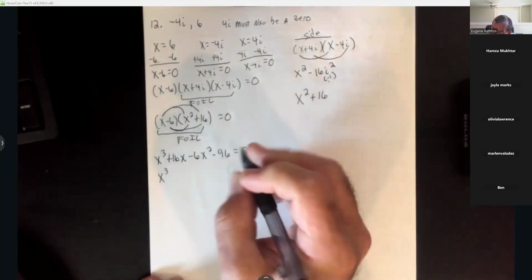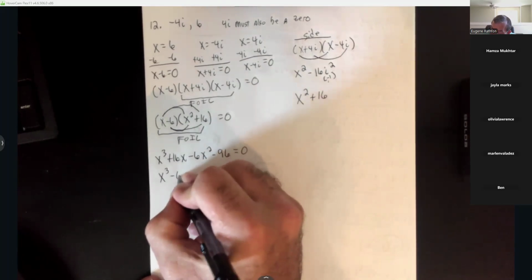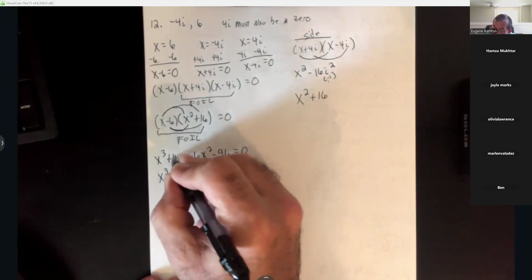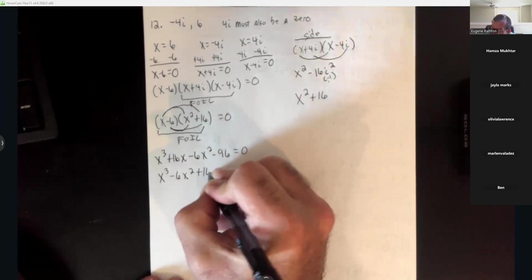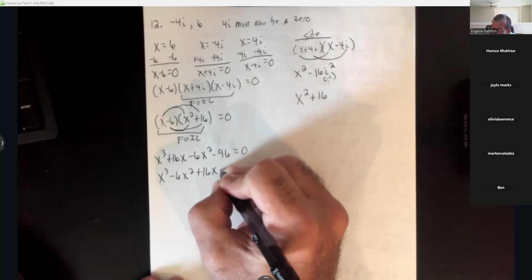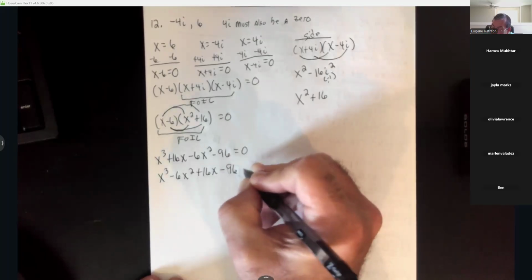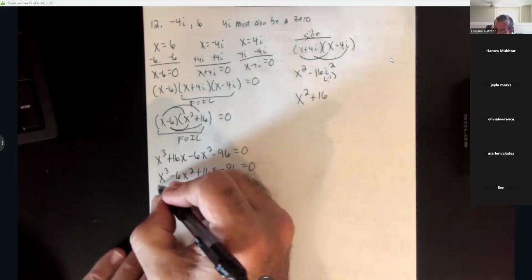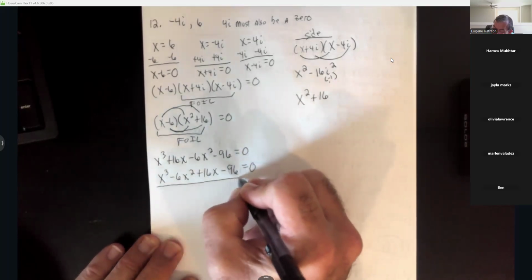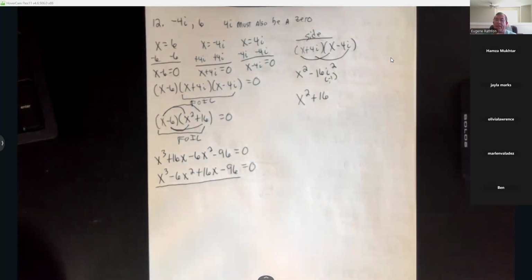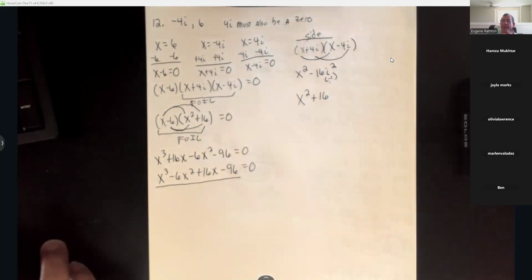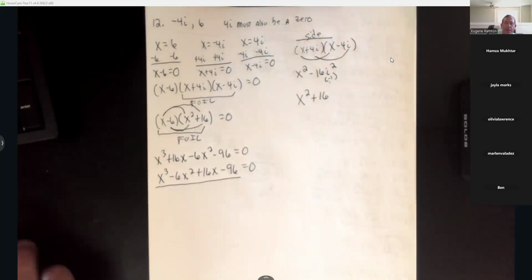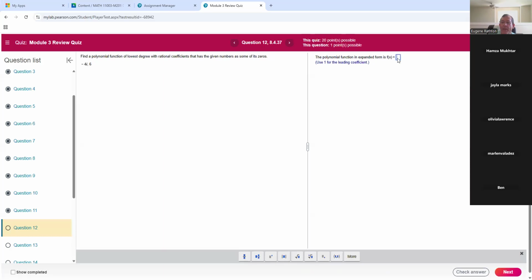So x cubed minus the 6x squared plus the 16x and then minus the 96. Now all we're putting in MATLAB is this. We don't have to put the equal 0 or nothing like that, just the actual polynomial. And no, I don't think that one had an answer for it, did it? We had to put the whole thing in. Yeah, so here we go.